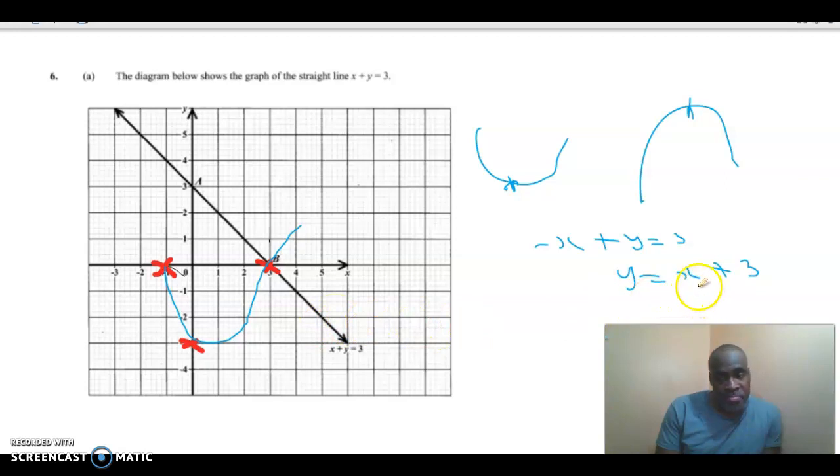Well, if we could plot a point, let's see where it is. Let us say that when x is 1, y is 4. So this will be this line here. Let's try that one. When x is 2, y is 5, somewhere right here.